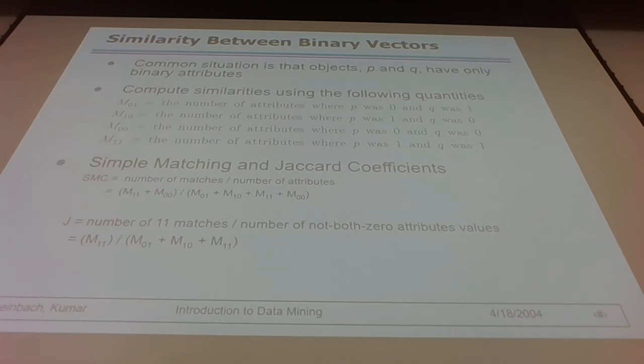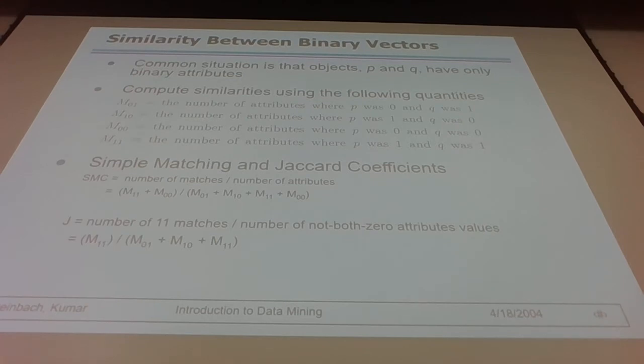The simple matching coefficient, SMC, is the number of matches divided by the number of attributes. If the attributes are binary, 0 and 1, then two attributes will either match or not. Either they are both 0, both 1, or they are 1 and 0 or 0 and 1. So that's why this is called matching.